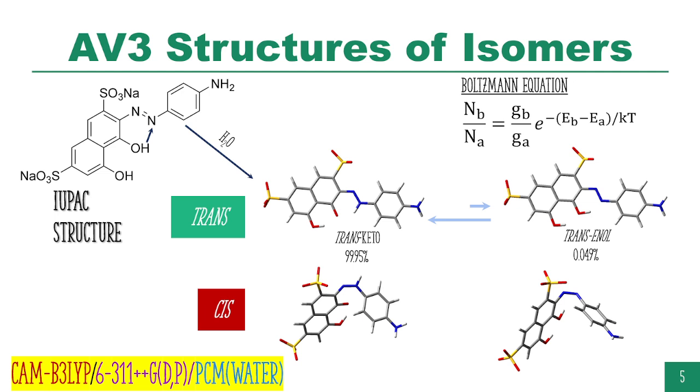However, it in fact isn't in this case. After we got the energy from the optimization calculation, it says that trans-keto is the lowest energy configuration. And with that, we can use that very configuration to study different properties in a more accurate approach, thanks to the results of the optimization calculation.